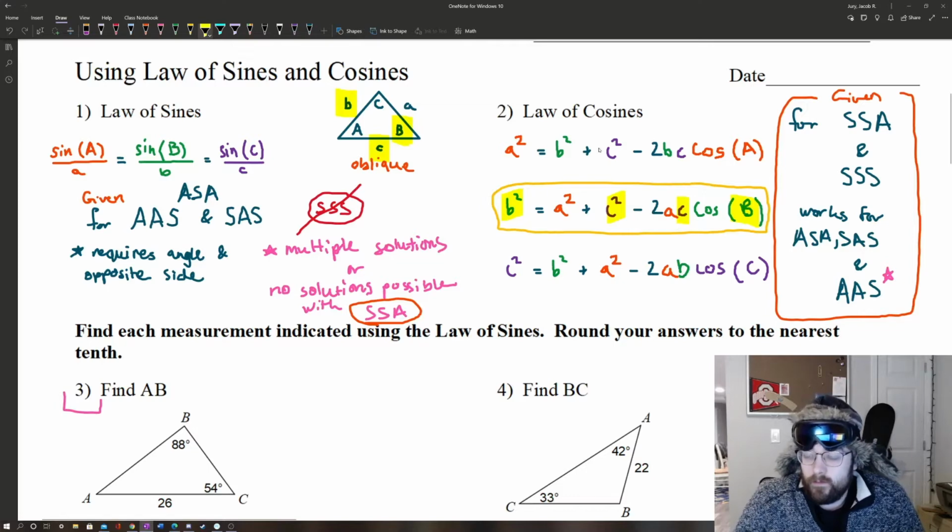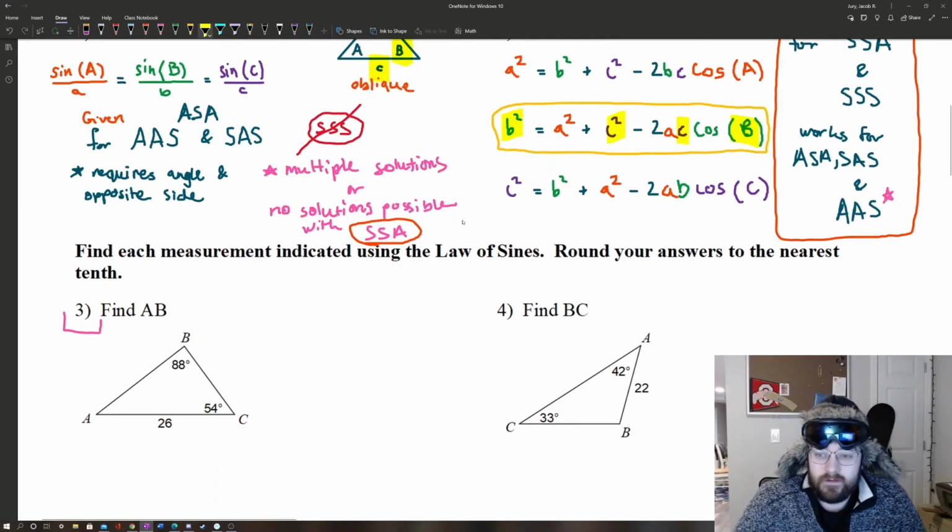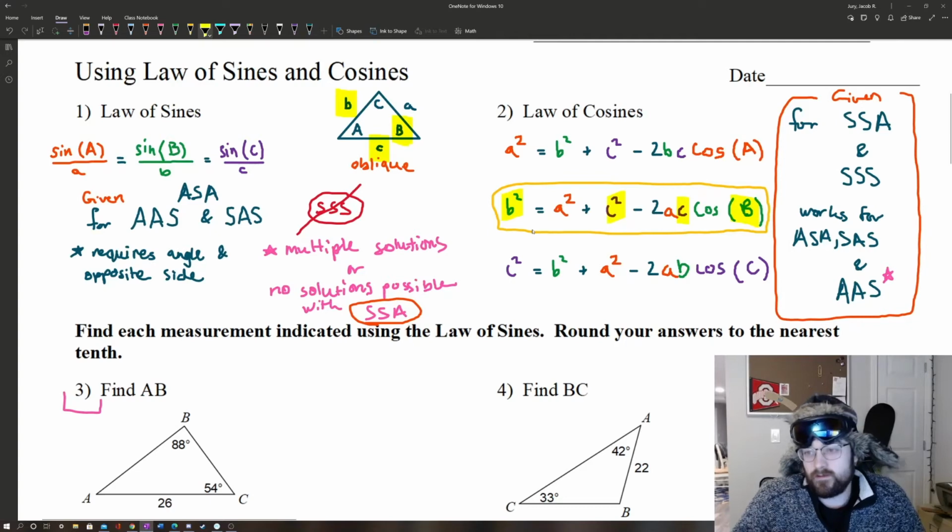And we'll see some of the situations that you may want to use law of sines or cosines. I've also, in the directions, said that you have to use law of sines in some of these, and you have to use law of cosines in some others. I'm sure when you practice some of these, maybe in class or on your own, you'll get to see which one you favor more and why you may or may not like some of those.